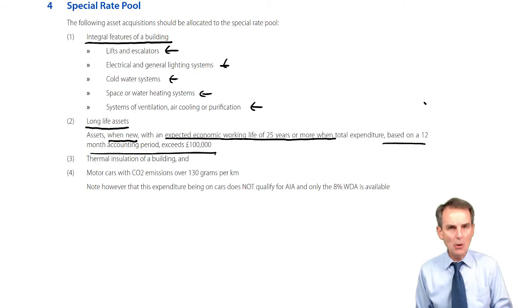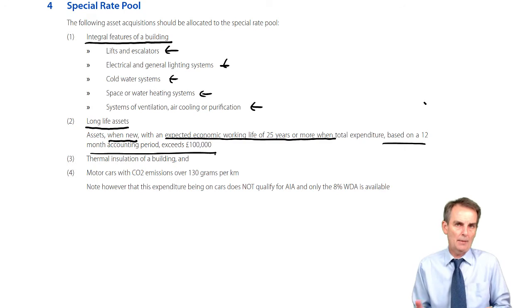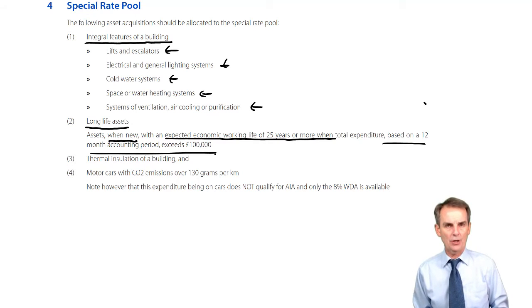And we're told that both of these items of plant would individually cost £80,000. Now what that would mean is if we bought both of them within the same 12-month accounting period, the total expenditure, 2 times 80,000, would be 160,000. That therefore would be exceeding 100,000 and would be classified as a long life asset for special rate pool inclusion.